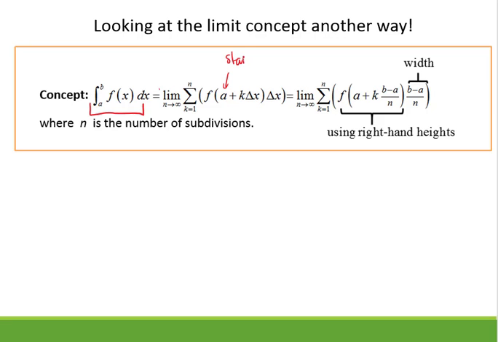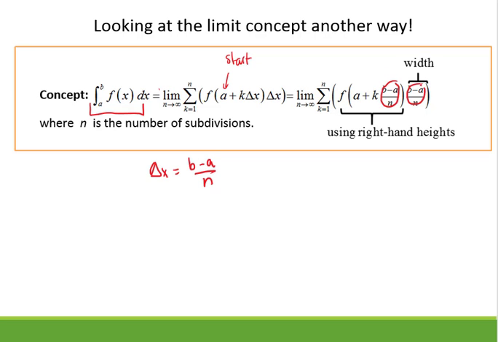K is standing for whichever rectangle we're on, the first rectangle, second rectangle. Remember, we kept adding a delta x, we kept adding a change in there. Remember that delta x, I talked about this a few videos ago, is b minus a over n. So we just substitute in b minus a over n.